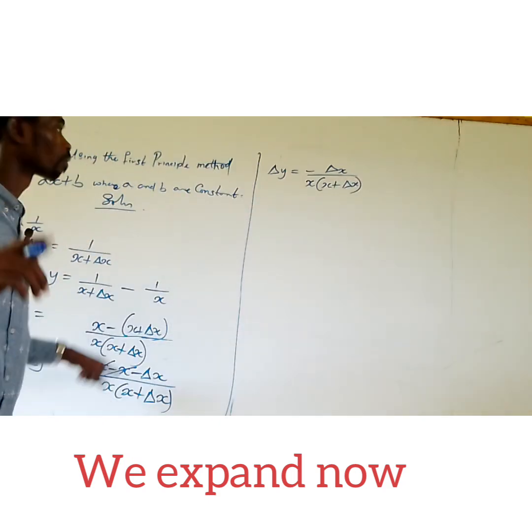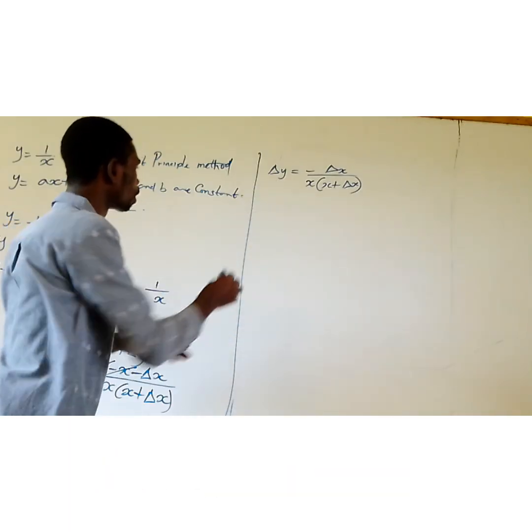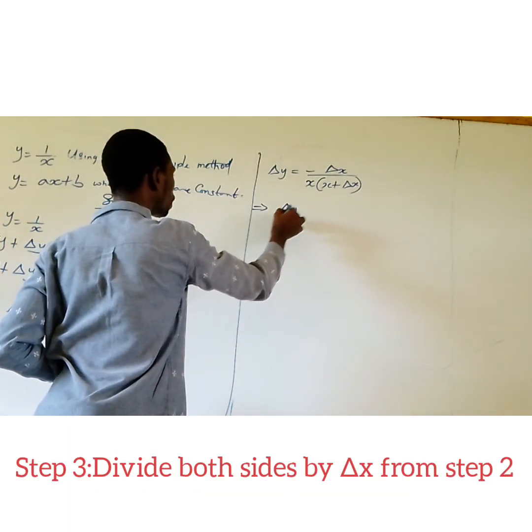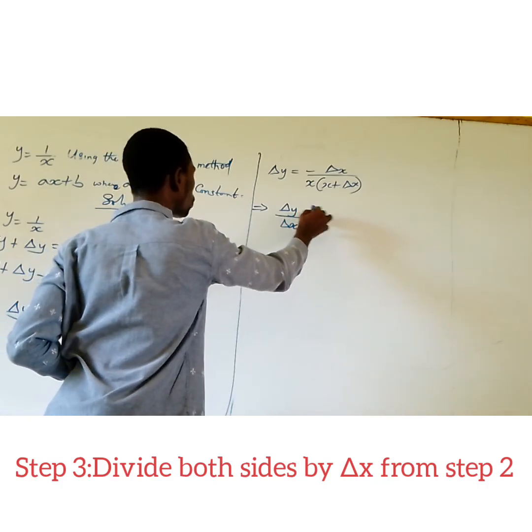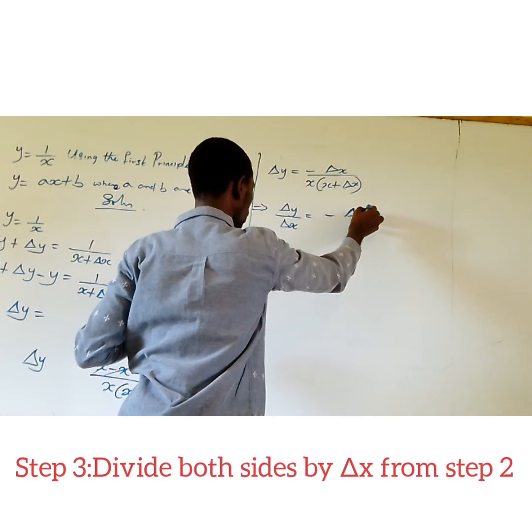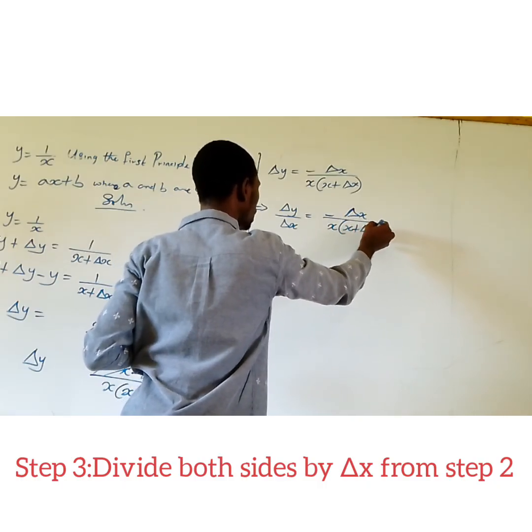The next step now is for us to divide this by delta x, change in x. So we have change in y over change in x equals minus change in x over x into x plus change in x.